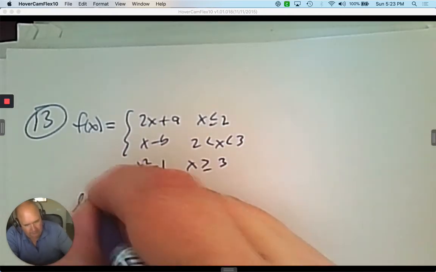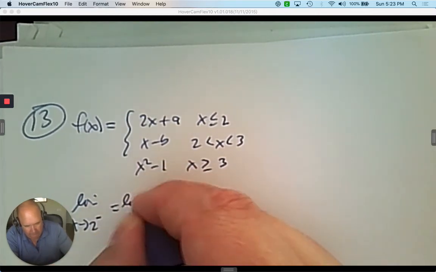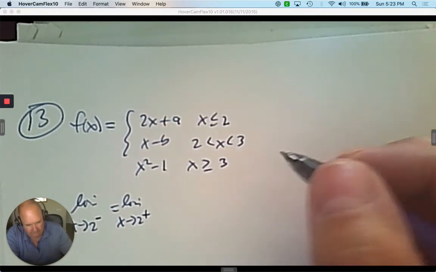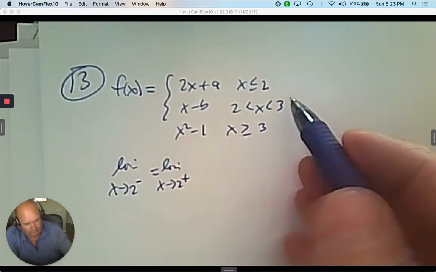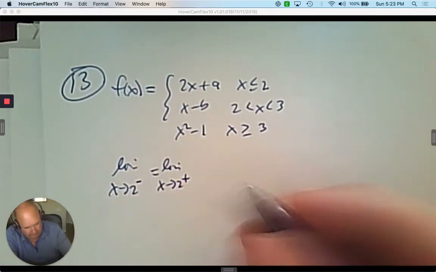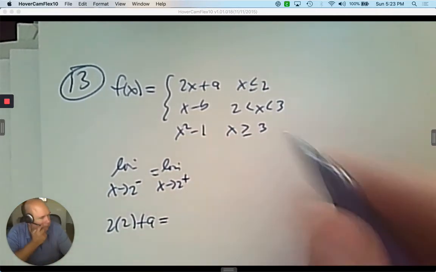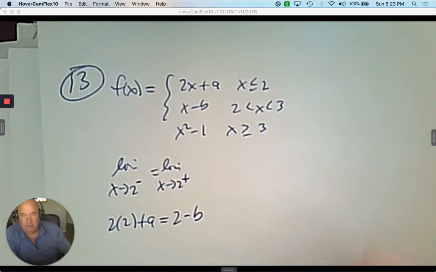So the limit as x approaches 2 from the left has to equal the limit as x approaches 2 from the right. So in this situation, 2 from the left would be the above one, and you'd plug in 2 for x. And then 2 from the right would be the middle one. And again, you'd plug in 2 for x. And now you have an equation.